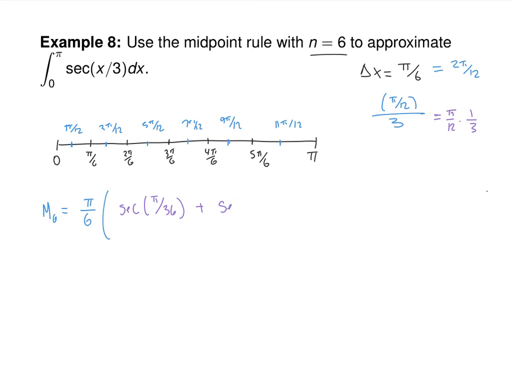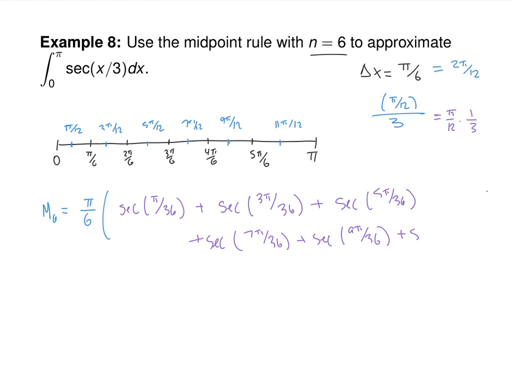The next one's going to be secant of 3 pi. Will the over 36 change? No, so it'll be over 36 again. Plus secant of 5 pi over 36 plus secant of 7 pi over 36, secant of 9 pi over 36, and then, is that it?